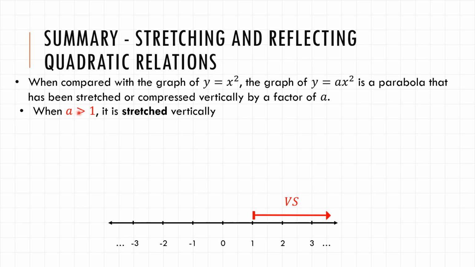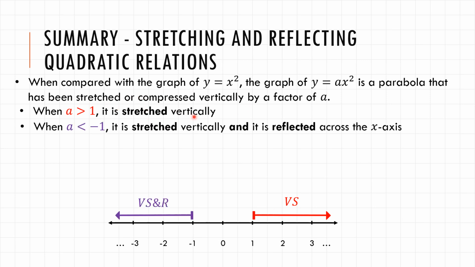When a is greater than 1, so a number that is bigger than 1, not 1, any number bigger than 1, the parabola was stretched vertically. When a was less than -1, we saw that not only was it stretched vertically, but it was also reflected across the x-axis.